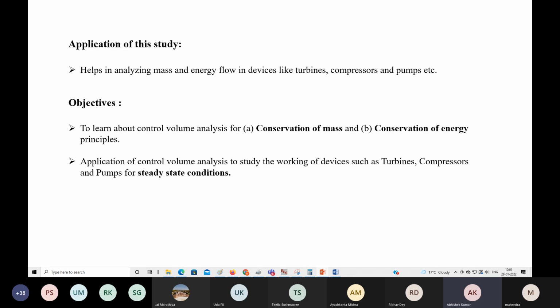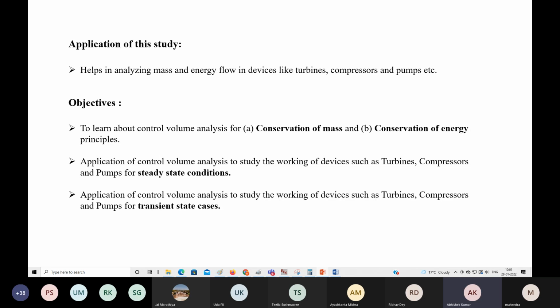Can you give some example? Steady state means, if you consider the turbine, continuously hot gas or superheated steam is coming in, and low pressure steam or low pressure hot gas is leaving the turbine, and respectively we are getting work output.